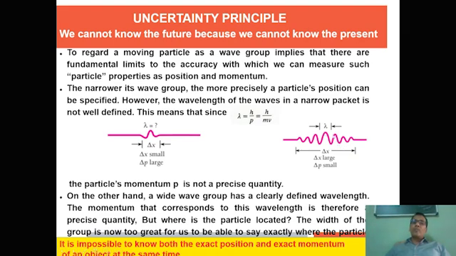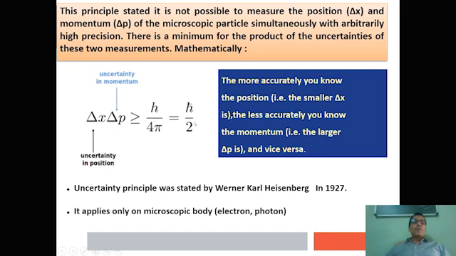Then here its wavelength is well defined, its momentum is well defined, but the position of the particle is not well defined. So it is impossible to know both the position and the momentum exactly and simultaneously, and this is known as the uncertainty principle.